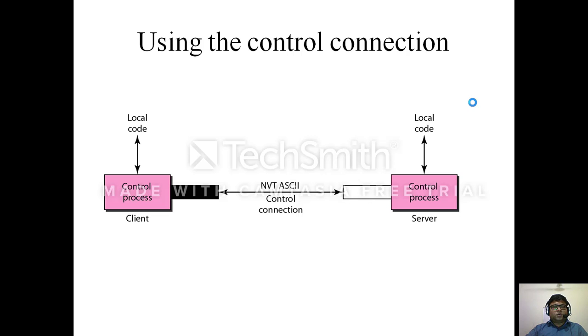Let us see how the control connection is used. At the client side, there will be a local code, or some character set for its internal communication, and there may be another local code or character set at the server.